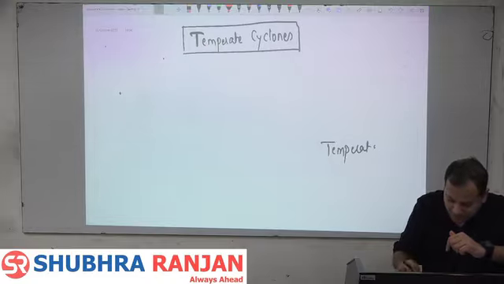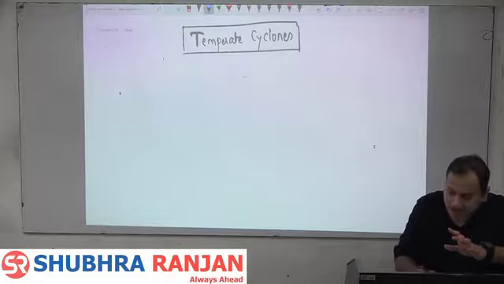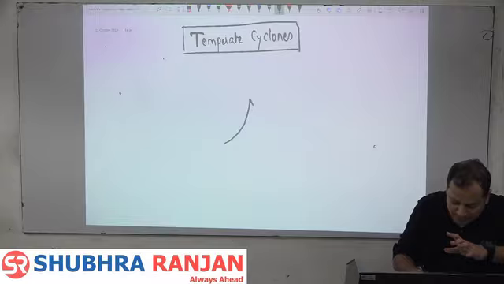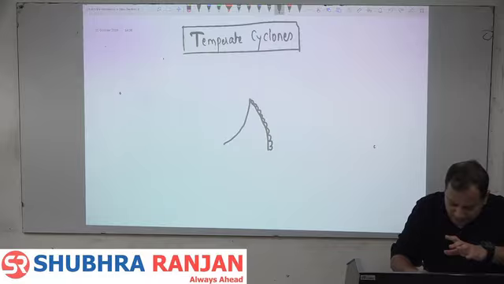So the first point regarding the temperate cyclone, don't write again. Yesterday I told you, it is a low pressure center which is surrounded by the closed isobars. So can I say this region is a temperate cyclone? This is the warm front, right? And this is a cold front. In the warm front and the cold front, the warm air is trapped inside.